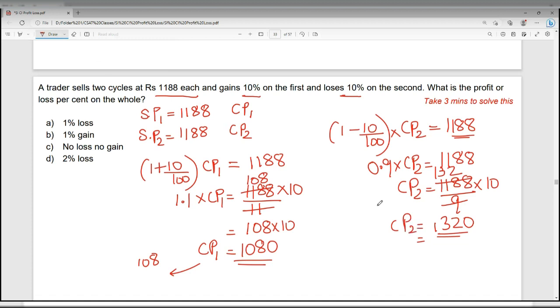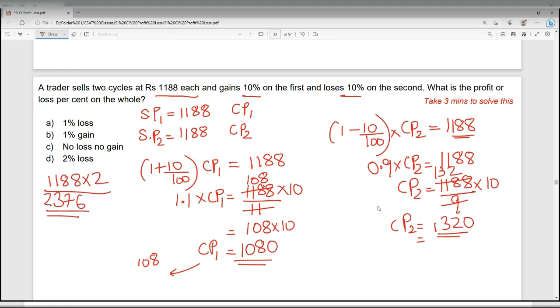So on the whole, we know that for both cycles he had sold it for 1188. So for two cycles, the selling price on the whole is 2376.